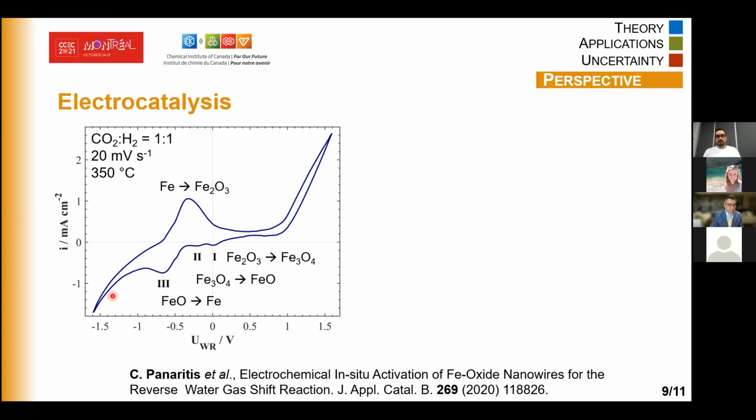However, why do we care? Because we don't want to go all the way to minus 1.5 and waste energy. The cyclic voltammetry tells us, and through experimental findings, we find that iron Fe3O4, or stage 2, is more favorable. So with this idea, we're able to charge this catalyst at this potential difference, and this favors the reaction.